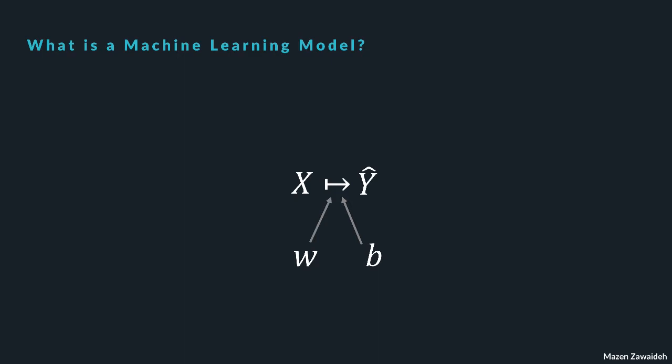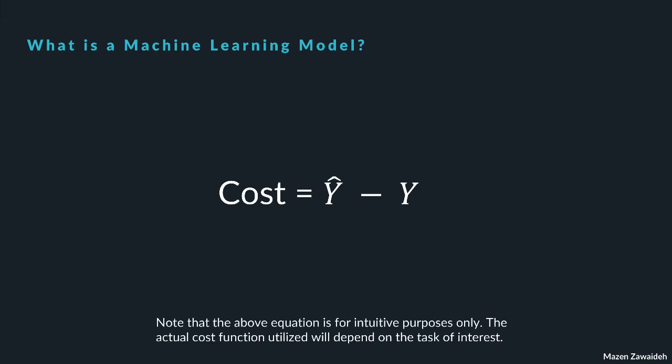Instead, using the data-driven approach, we train our model on a set of pre-labeled data and allow the function to vary the values of its weights and biases until the output predictions most closely match the correctly labeled data. The total difference between our model's predictions and the ground truth data is the cumulative error, more commonly called the cost. The goal of training a machine learning model is minimizing this cost, a process known as optimization.